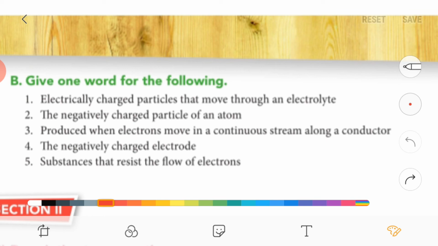So when electrons move in a conductor, it produces what is called electric current.